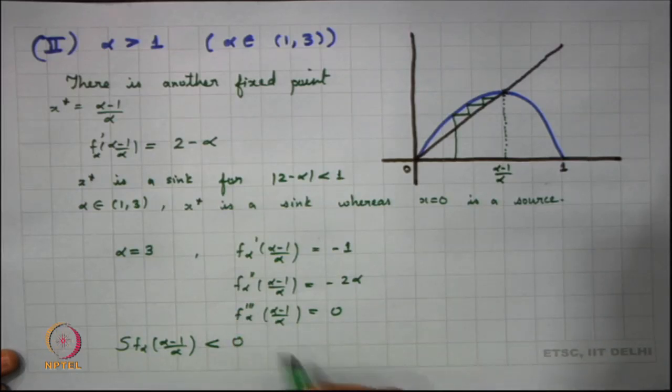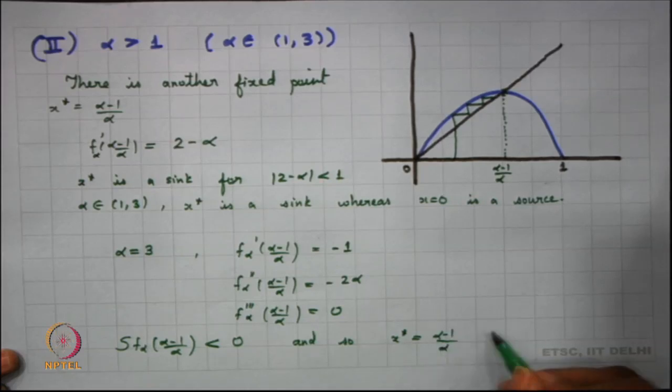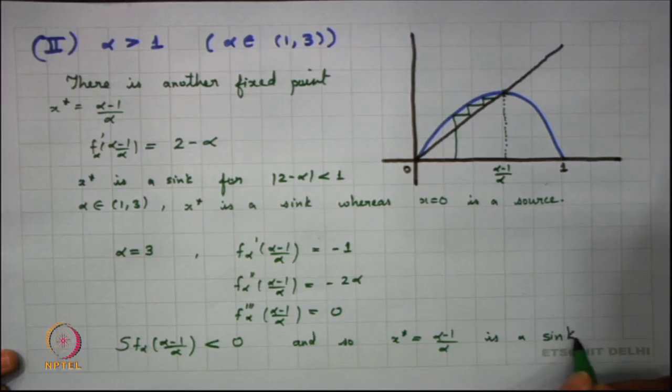Since this derivative is less than 0, this fixed point x star equal to alpha minus 1 by alpha is a sink. So, we find that this turns out to be a sink.